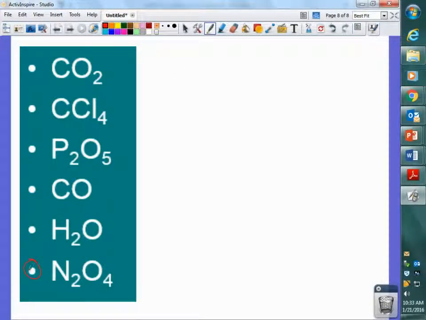First, the name has to represent the ratio, and we use the prefixes to represent that. How many nitrogens are in that formula? 2. Prefix that represents 2 is what? Di. So the first word in the name of this compound is dinitrogen.